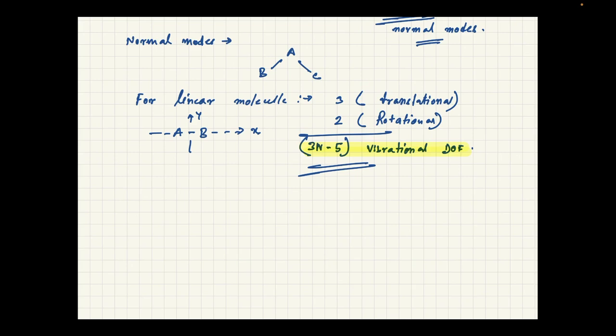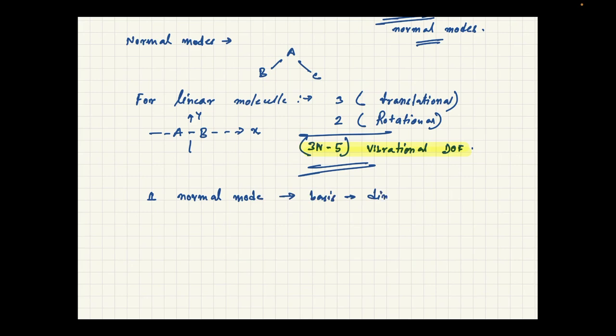Now let's consider one particular normal mode acting as a basis for some irreducible representation. That irreducible representation will be one dimensional, because one normal mode is acting as a basis. So the basis function is one dimensional, which means the dimension of the irreducible representation will also be one.